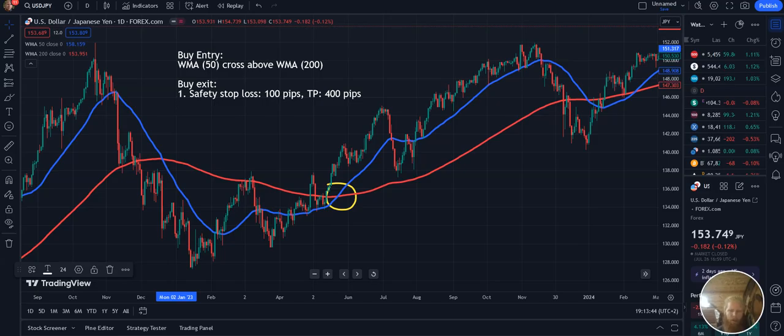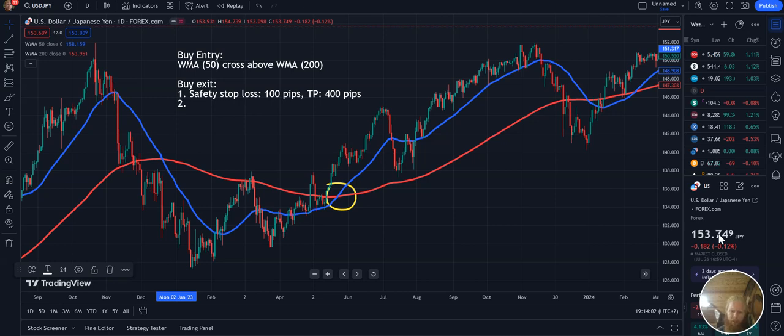These are our non-dynamic exit parameters. And then we have a dynamic exit parameter, which is a trick that not all traders are thinking about when they are using this kind of moving average strategy.